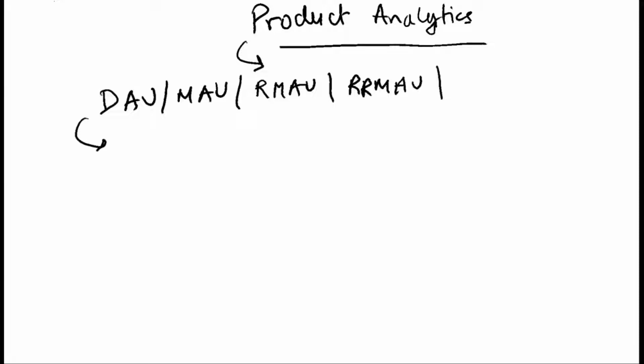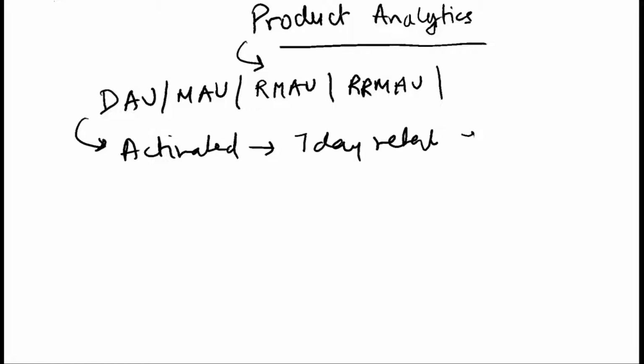And from there, it goes down into whether you have activated the product or not, whether that 7-day retention has happened or not, whether your habituation has happened or not, and so on and so forth.